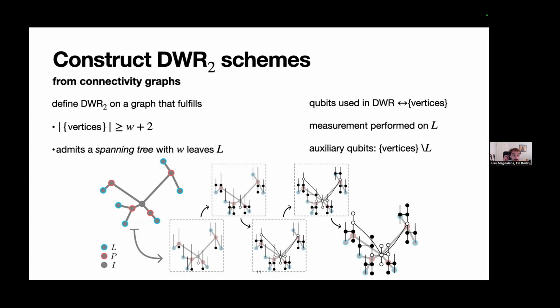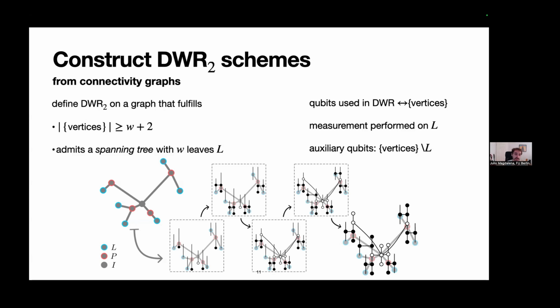Yeah, so let me try to explain this step-by-step construction a bit more carefully. We start with initializing the auxiliary qubits in step 1, and from then on it goes in rounds, where in every round I perform a pair measurement with a new qubit on the leaves.